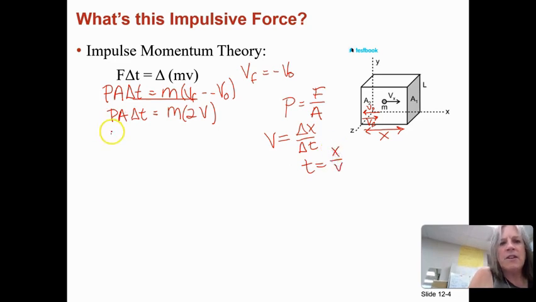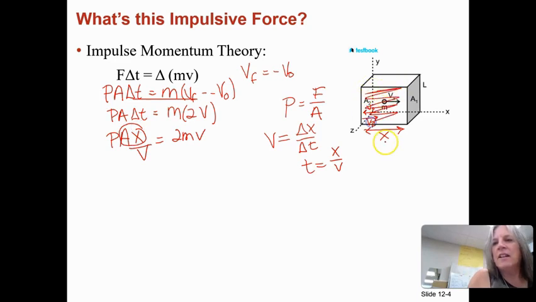So I'm going to plug that in over here because there's no time in an ideal gas law equation. So we got our x over v, and that's equal to 2mv. Look at this. Area, well, maybe I shouldn't have picked that area. How about this area? Area, which is what I'm colliding with, right? The sides are what I'm colliding with in my little picture, times x, right?